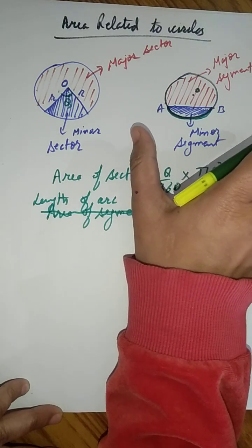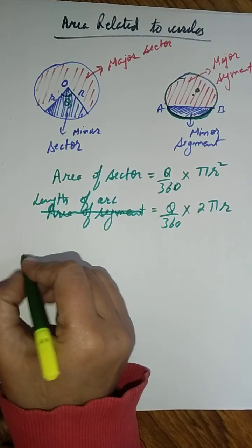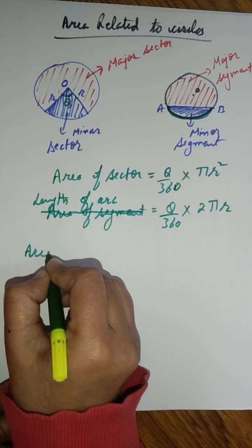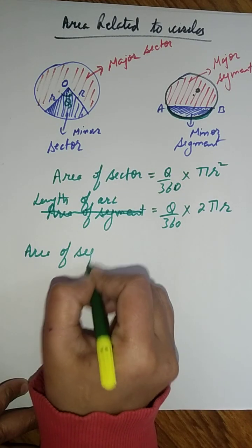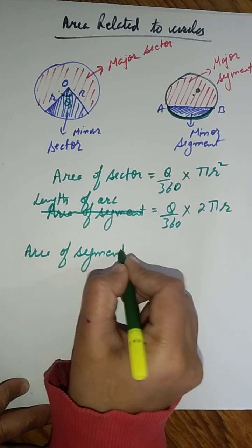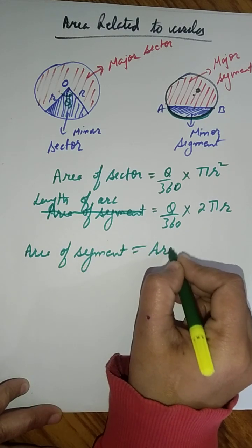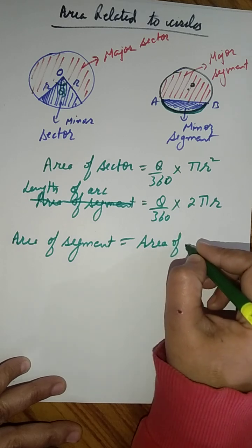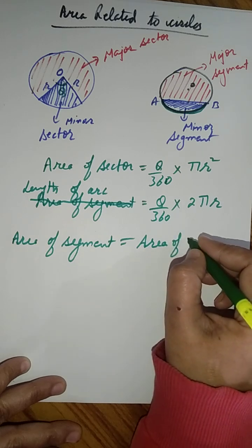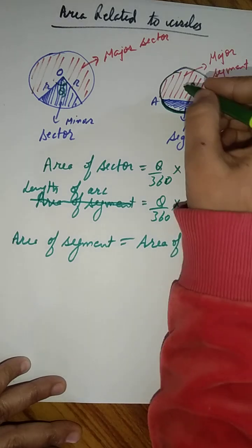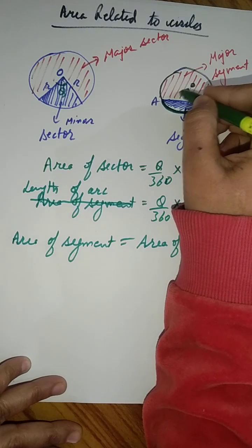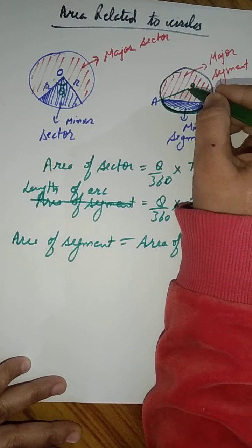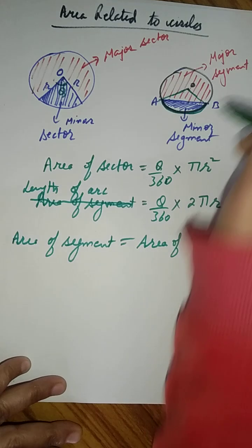But if we have to find the area of this segment, what we are going to do is join AO and OB.